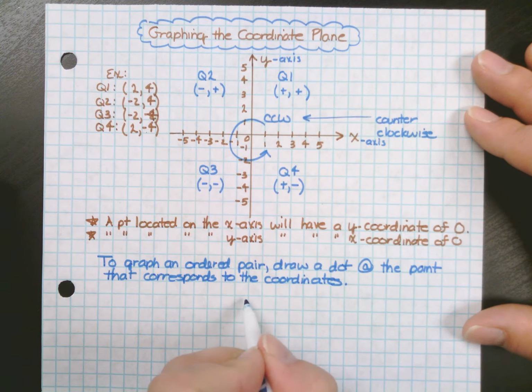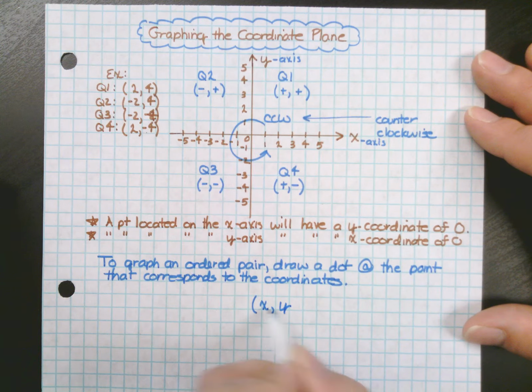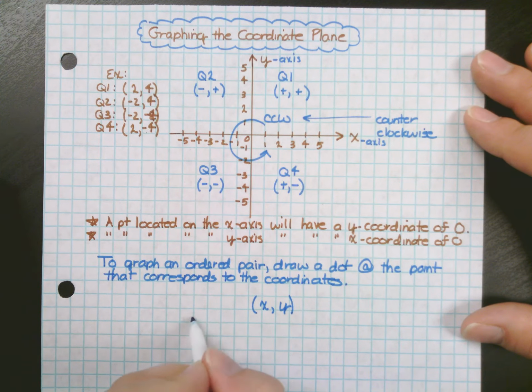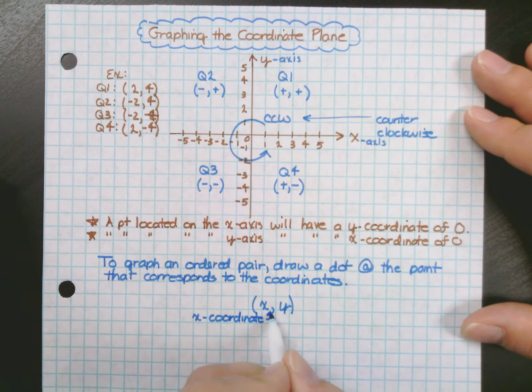So let's remember that our ordered pair has an x and a y value, and this is our x-coordinate. And this is our y-coordinate.